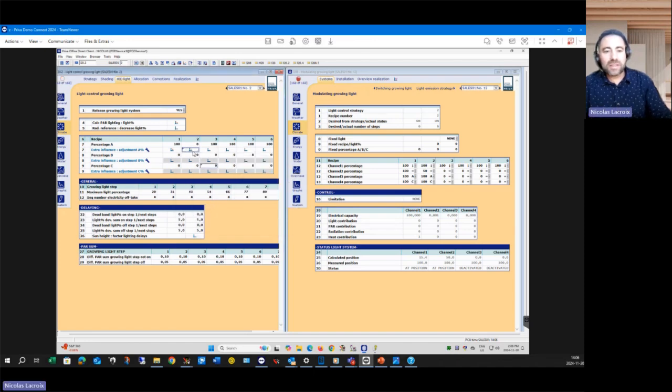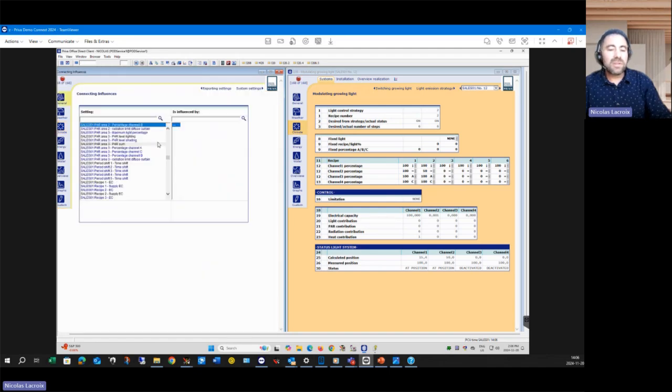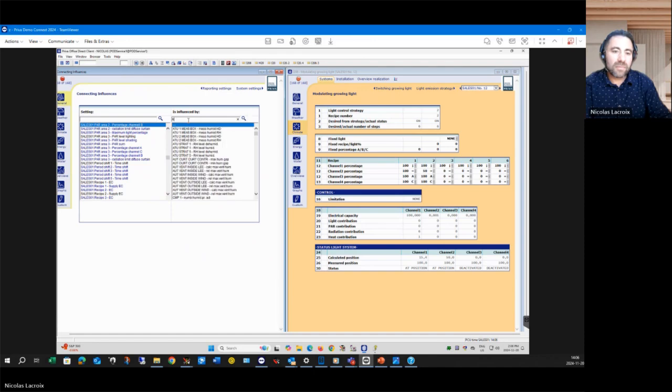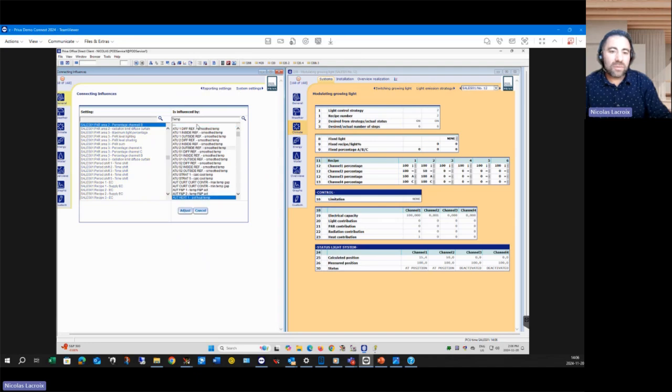So how to connect the extra influence? You just have to click here on the little tool, and you can choose any of the influences that are here or search for anything. And then you just have to link like that.